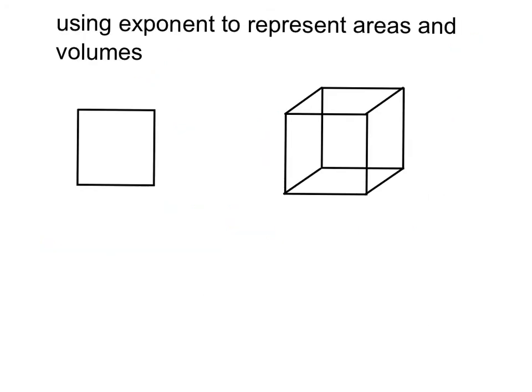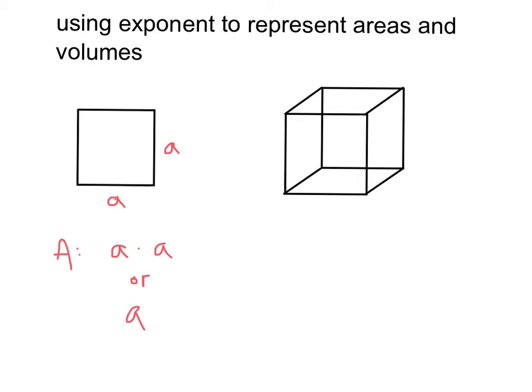Now we typically talk about exponents representing areas and volumes. If we have a square here with side length a, this is also side length a. And so we can represent the area of this square as a times a, or a to the 2nd power.